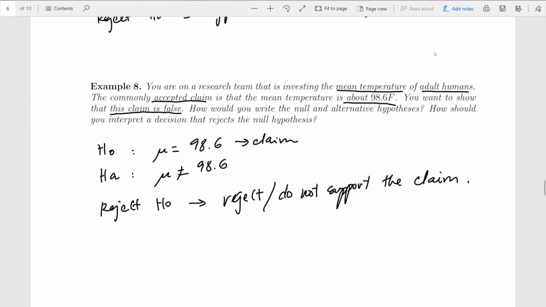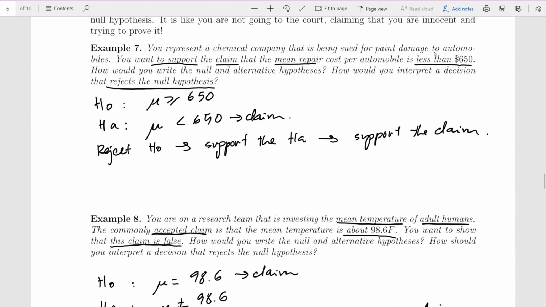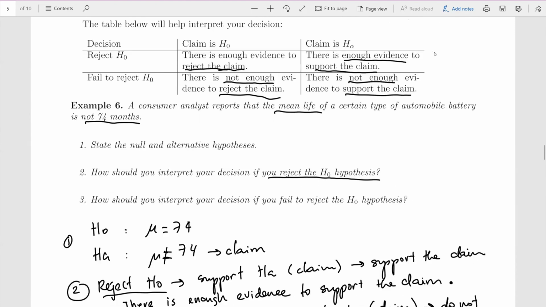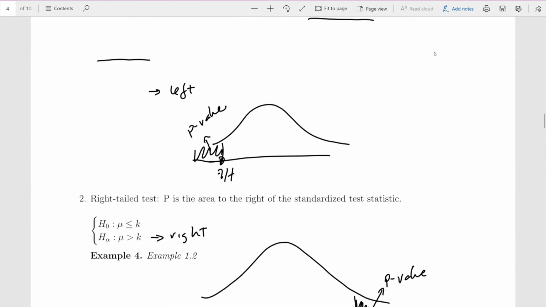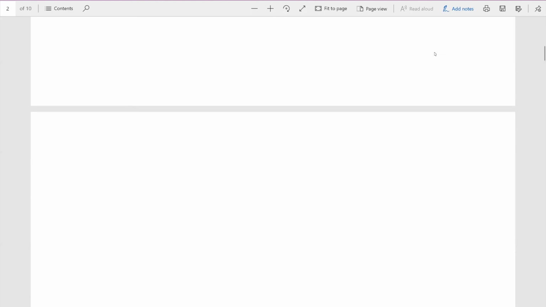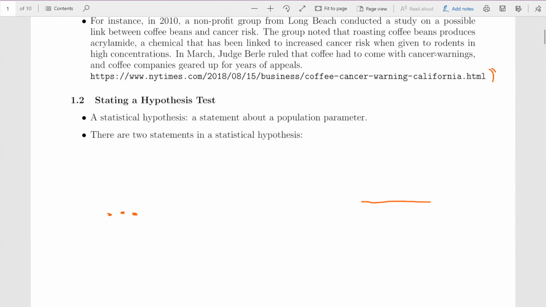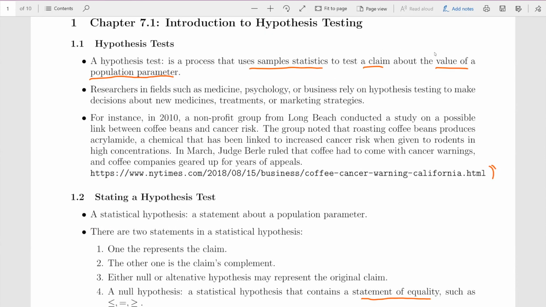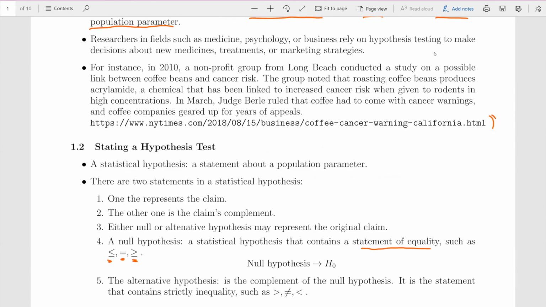All right, again, this lecture introduces the idea of hypothesis testing. How can you come up with the hypothesis testing statements? How can you determine which pair of hypotheses you're using depending on the claim? And how can you determine whether you're making a type 1 error or type 2 error?